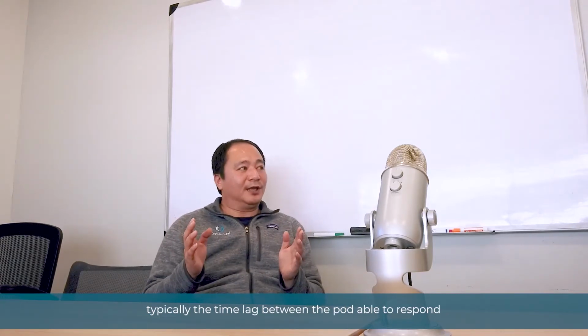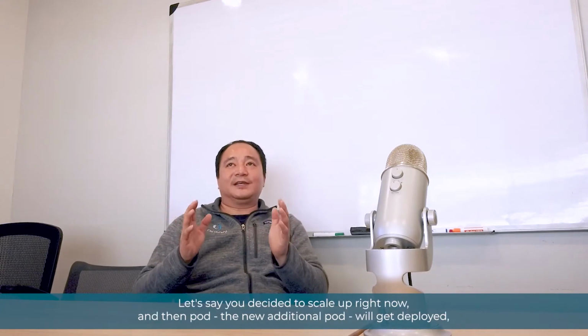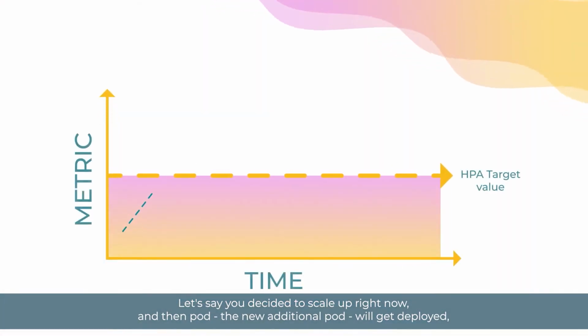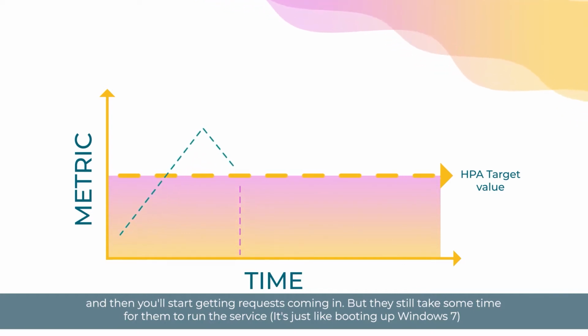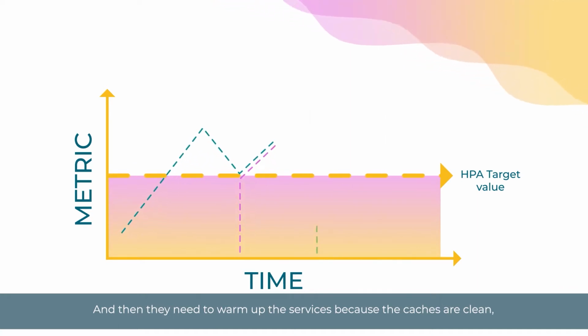Let's say you decide to scale up right now. The additional pod gets deployed, and then it starts taking requests as they come in, but it still takes some time for them to run the service. They need to bring up a pod, and then they need to warm up their services because the cache is all clean.